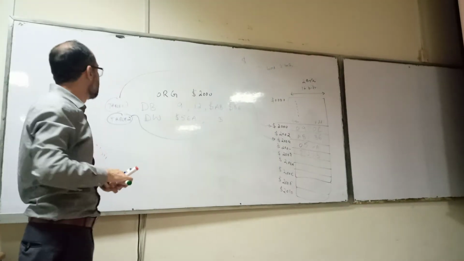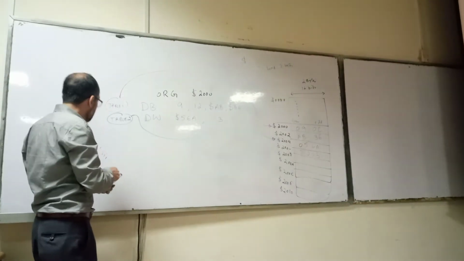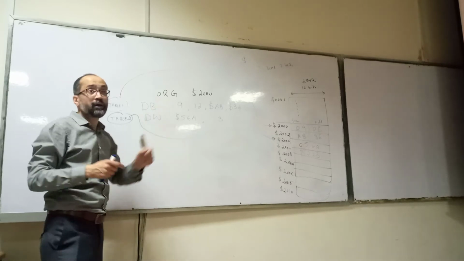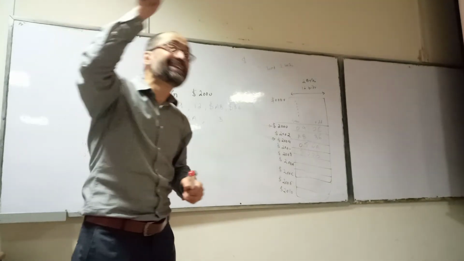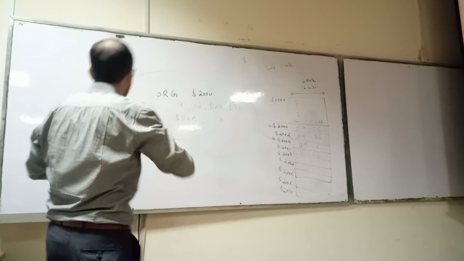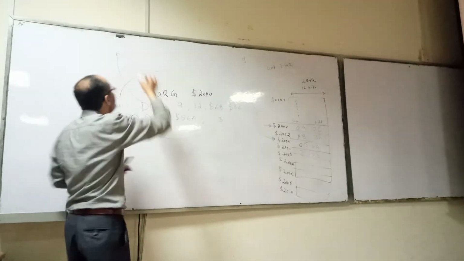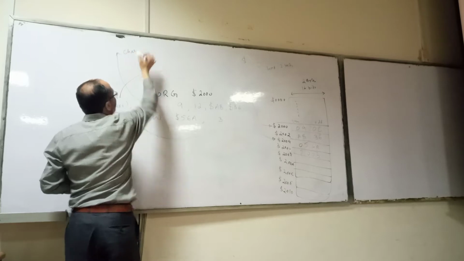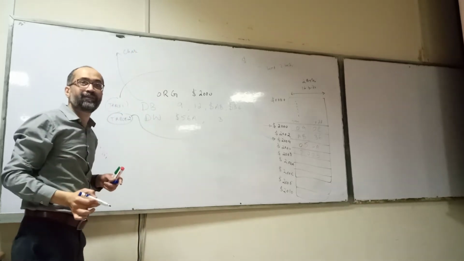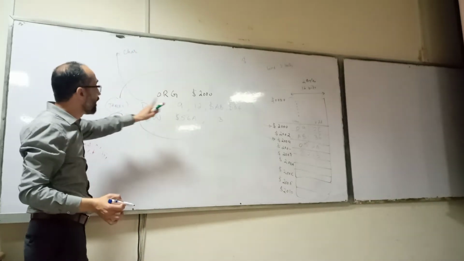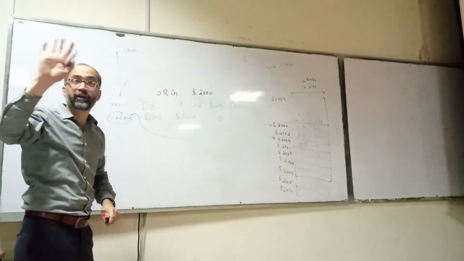Understood? Okay. Now this DB, if we have an equivalent in C, what is the equivalent in C for this DB? Which data type? Character data type. Actually, it's a character data type. How many characters have we defined? 4 characters.